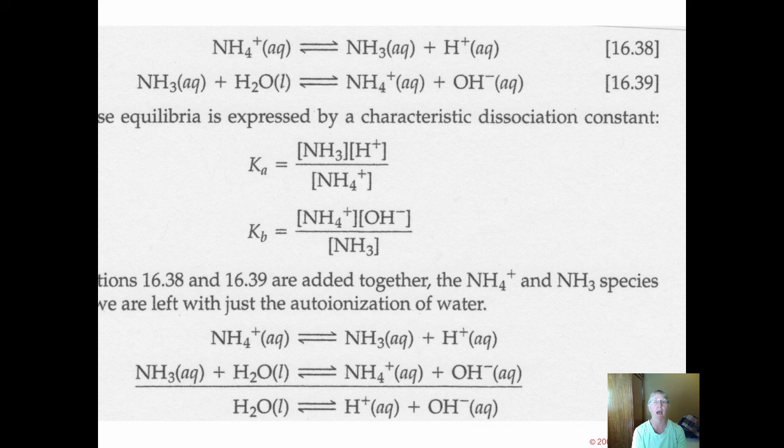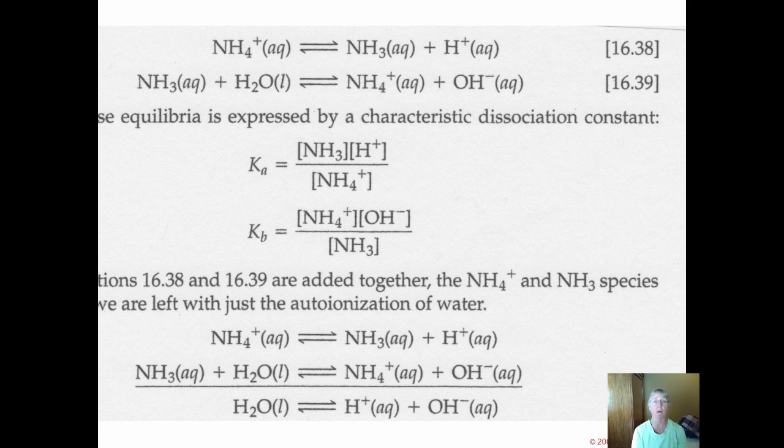If you were to add equation 16.38 plus 16.39, as you see down at the bottom, you can see that the sum of those two equations is just water self-ionizing or undergoing auto-ionization. A more correct way to recognize that would be two waters added together yield hydronium, H3O+, plus hydroxide, but the simplified version down here at the bottom is just fine.